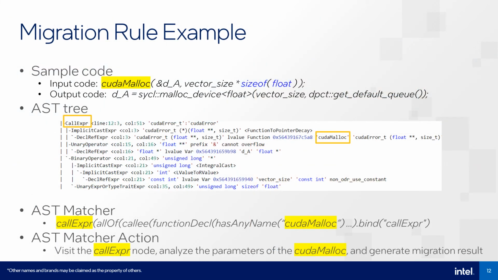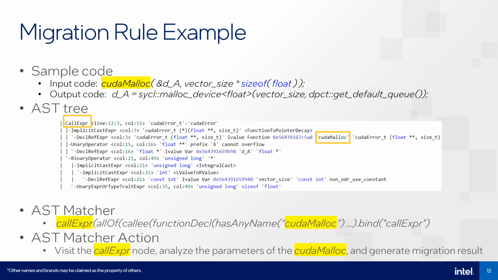This page gives an example to show how to write a migration rule. Migration rule is the core magic in SYCLomatic to do source-to-source migration. Here is an example on how to implement a migration rule.